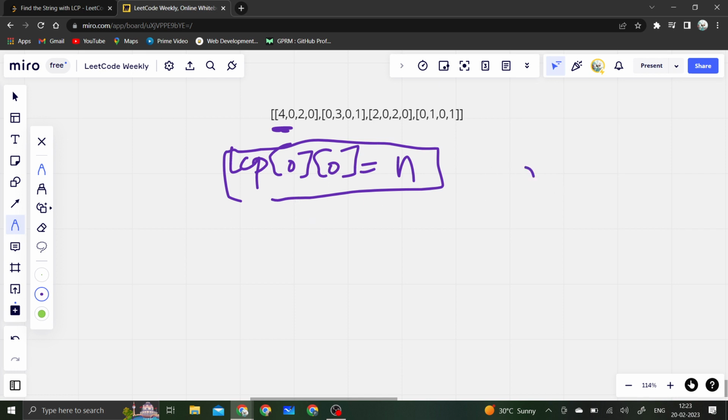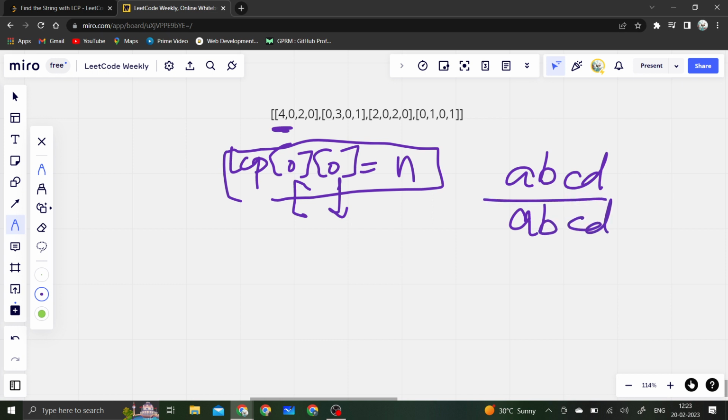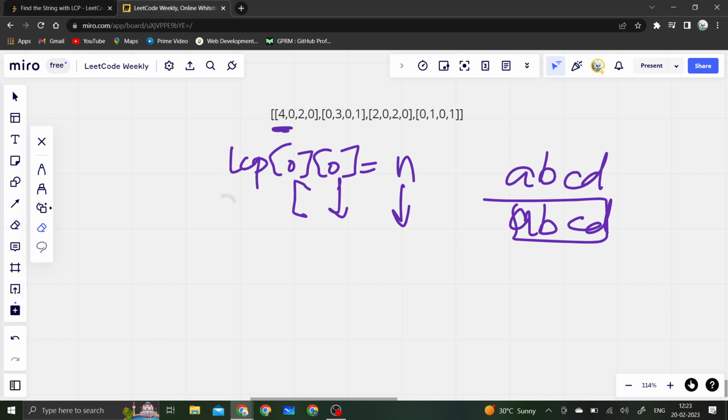Because if we have A, B, C, D, and we are considering from 0 to n minus 1, and here also we are considering from 0 to n minus 1. So it is the same string, that is the whole string that we are considering. So if we are considering the whole string and if it is not equal to n, then in that case we cannot form any string, right? So this is the first case in which our string will not be formed.